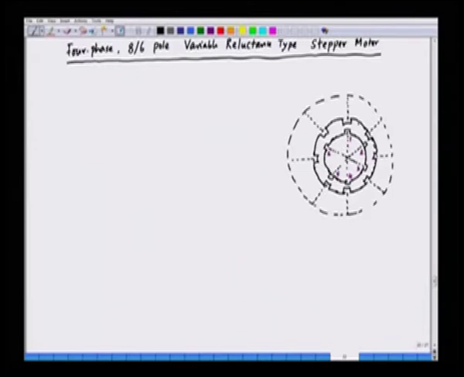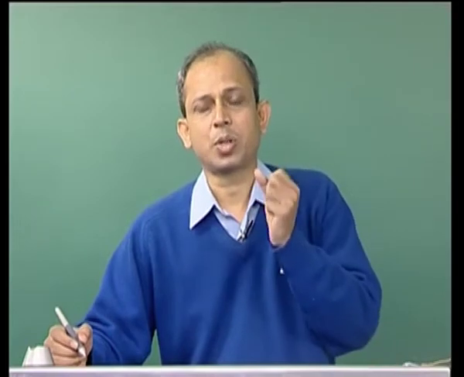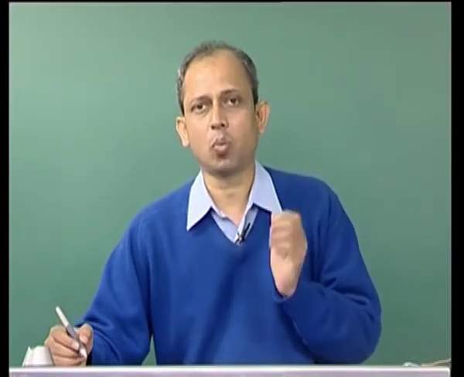The stator boundary, the stator core, and the stator poles carry windings. So, we have windings in the stator and the windings are concentric windings. Each pole has its own winding.